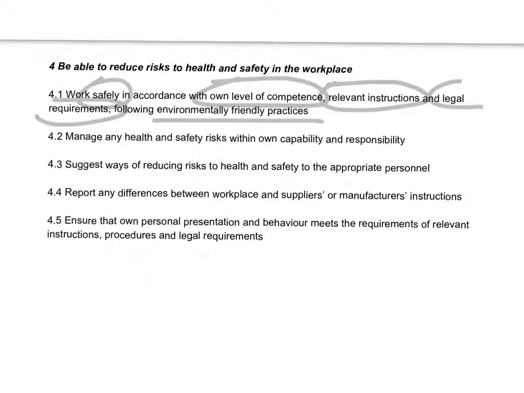For the last one for this quite lengthy unit is ensuring that your own personal presentation, the way you're dressed, the way you style your hair, your makeup and so on, and your behaviour, the way you actually conduct yourself in person, your interpersonal skills, your interaction with people, meets the requirements of relevant instructions, procedures and legal requirements.